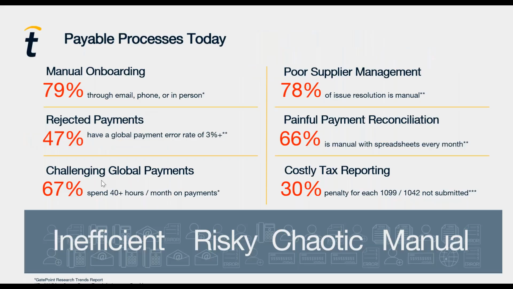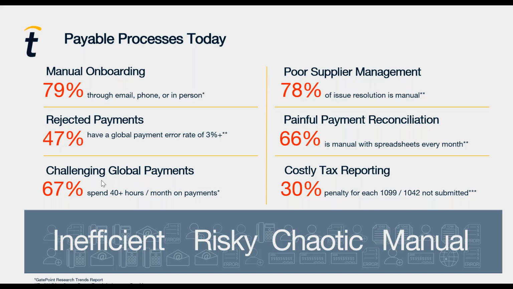Let's talk a little bit about the accounts payable process and the supplier payments operations and how they look today. So onboarding suppliers is often done manually via phone or email, which isn't secure. And because the process of collecting bank details is manual, nearly 50% of companies have a payment error rate of 3% or higher.